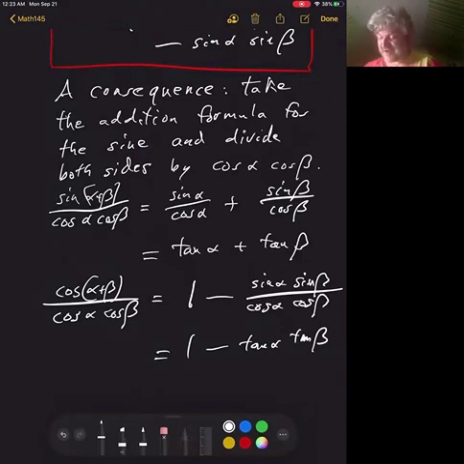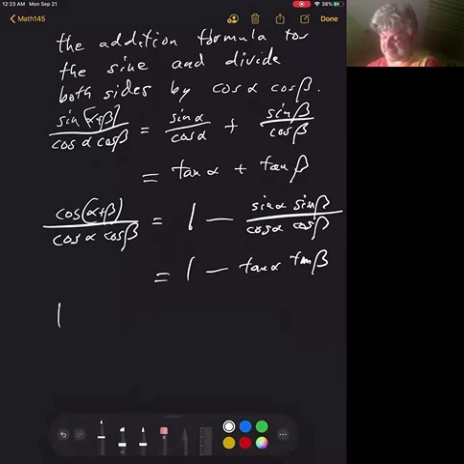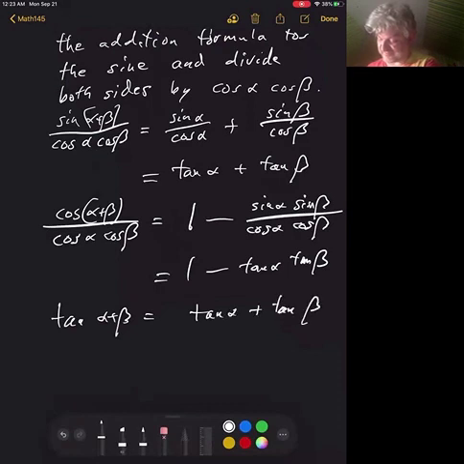And now divide one of those equations by the other, and you get the tangent of alpha plus beta is tangent alpha plus tangent beta. That's the first equation, divided by 1 minus tangent alpha times tangent beta.